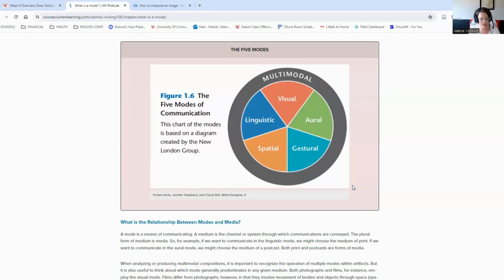Spatial essentially has to do with objects and how they take up space. So you can think of how a room is arranged physically, the arrangement of the various objects in the room, how people are in proximity to one another, how a speaker might use the stage when they are giving a presentation, how a body moves through space, and you can think of things like dance and that kind of stuff.